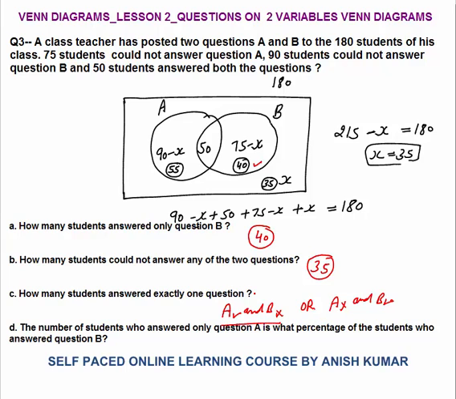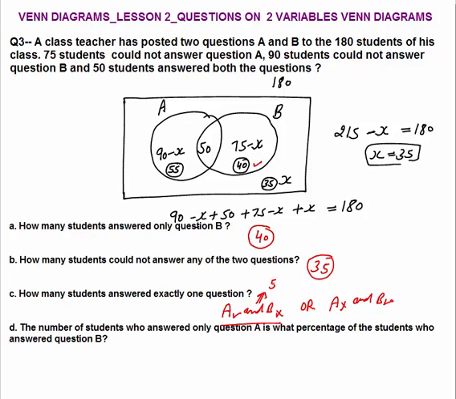The second question B is wrong, only A is correct. You know that this is 55. A wrong and B correct means only B correct, that is 40. So in total we have 55 plus 40, that is 95 students who have answered exactly one question correctly.